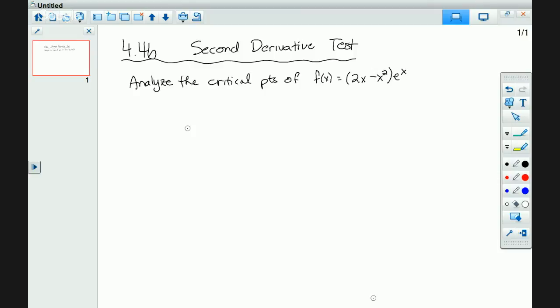It is? Okay, how do we find critical points, Logan? More detail, please. First derivative, set it equal to 0. So now we have a product rule, right? Caleb, educate us about the derivative.